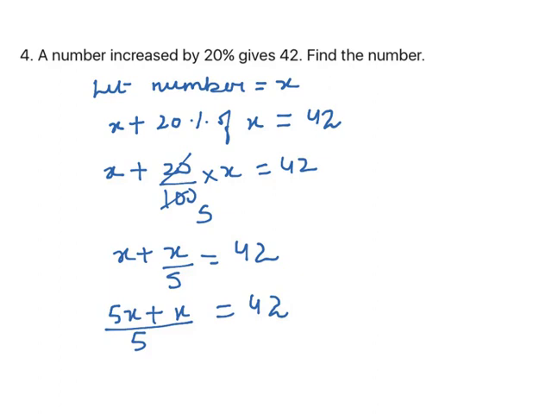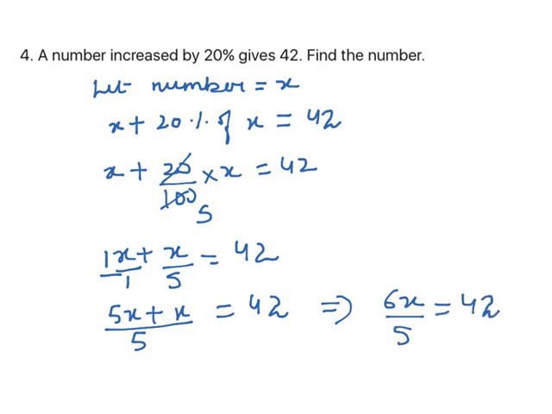How do we solve it? We have 1 in the denominator, and we have to divide it by the denominator. So 5 divided by 1 will give us 5, and then we multiply with the numerator. Here we have 1 in the numerator, so 5 times 1 will give us 5. So here we get 5x. Now from here we get 6x by 5 equals 42.